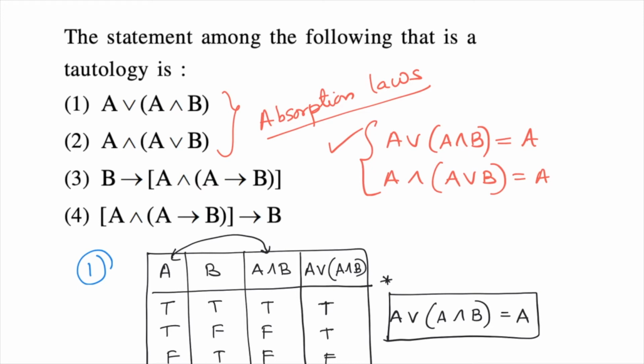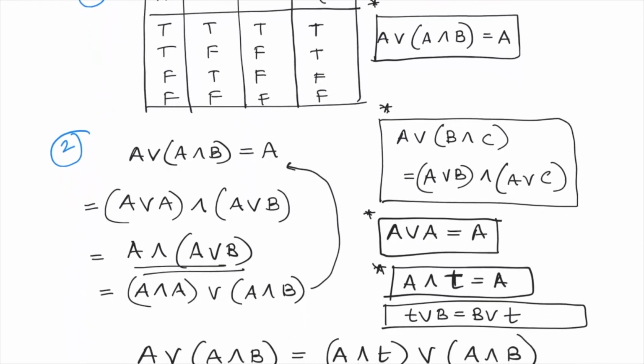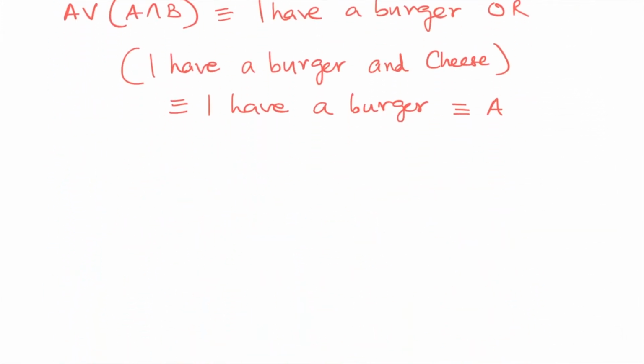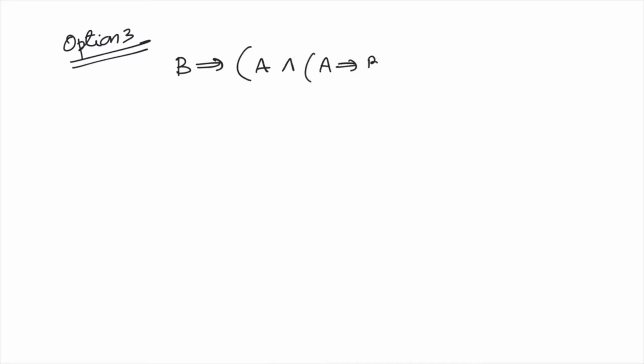Now let's go to option number 3. Option 3 talks about B implies A and A implies B.